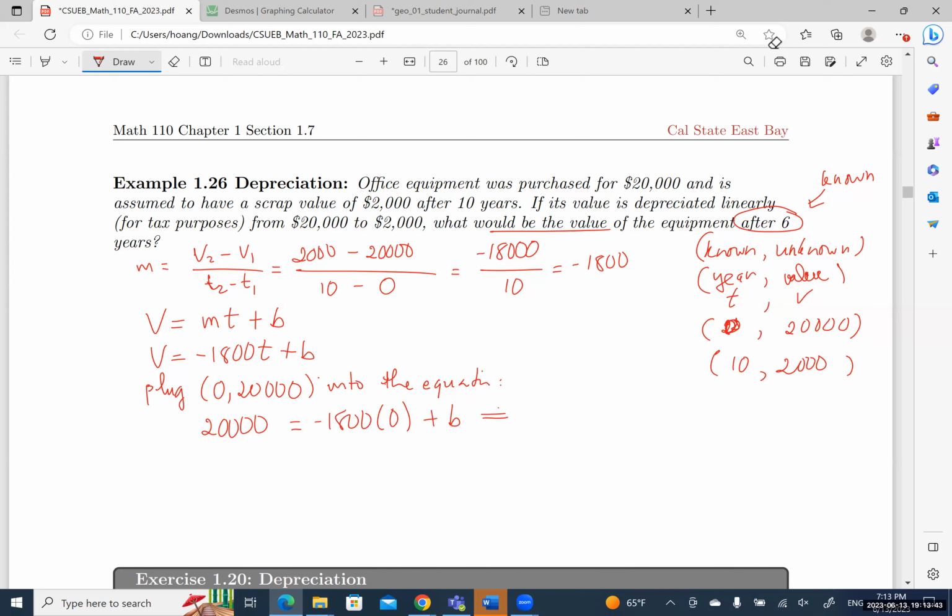Then b is equal to 20,000. So v equals negative 1800 times t plus b, and now b is 20,000.